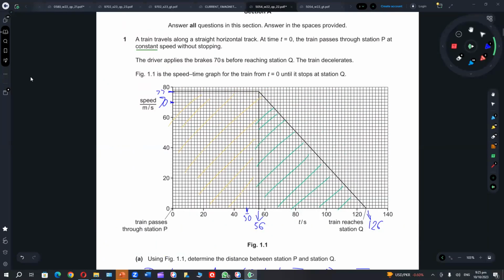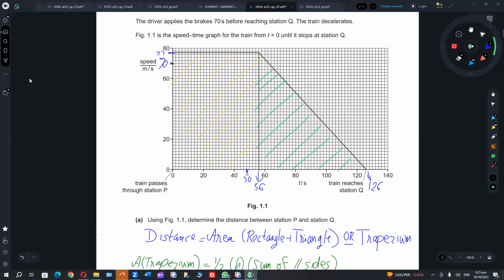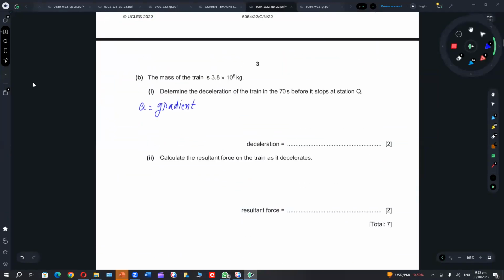Now you have to find the gradient. We need to find the gradient.